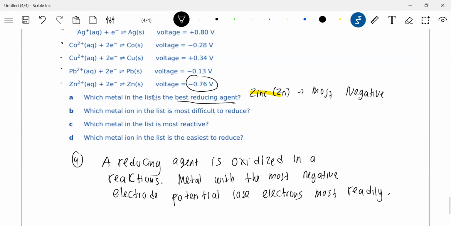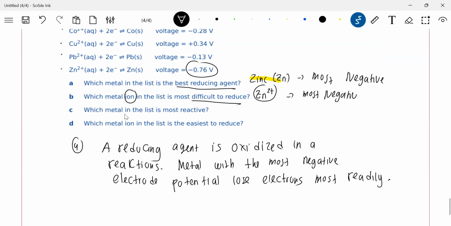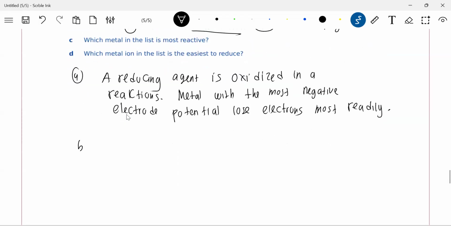The most difficult to reduce is Zn2+, because this is also the most negative. It means difficult to reduce.